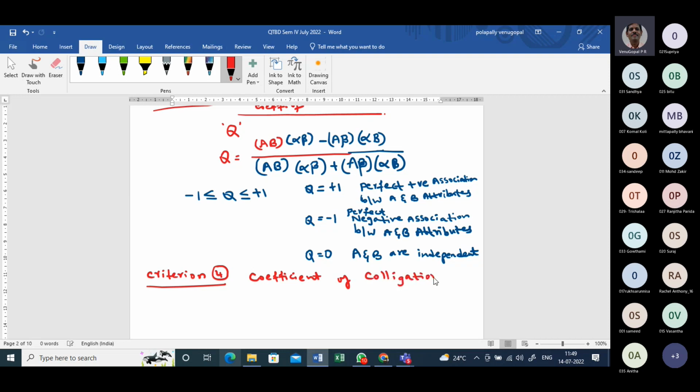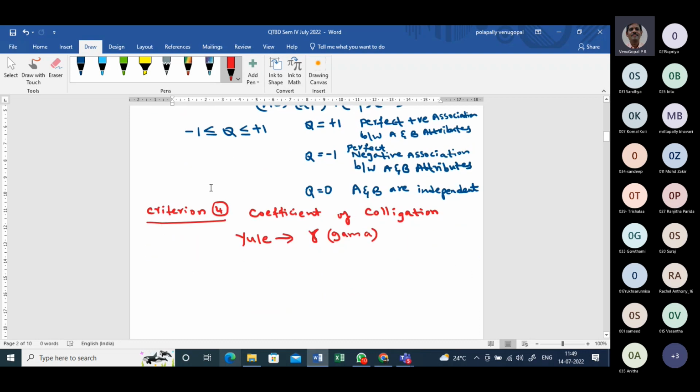This is also given by Yule only, Professor Yule. He calls this coefficient gamma. We call this gamma.